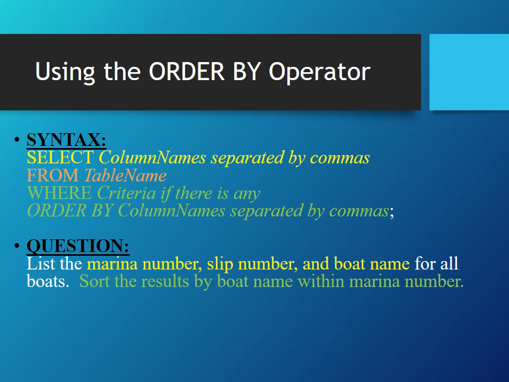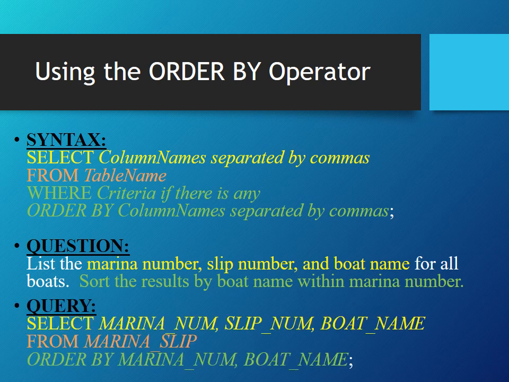What that means is first we want to sort by marina number and then boat name. So let's look at the query. Select marina number, comma, slip number, comma, boat name from marina slip, order by marina number, comma, boat name, and then a semicolon.